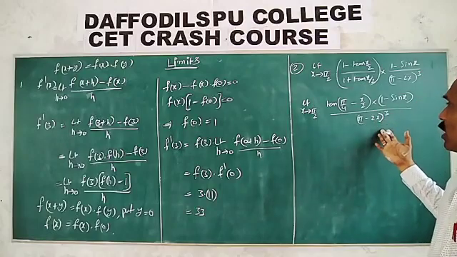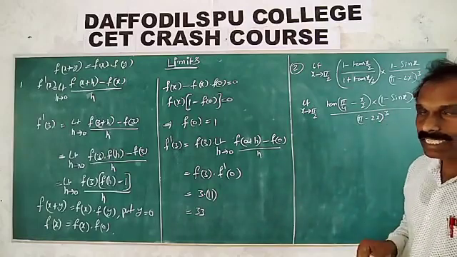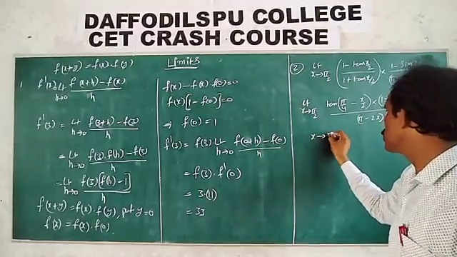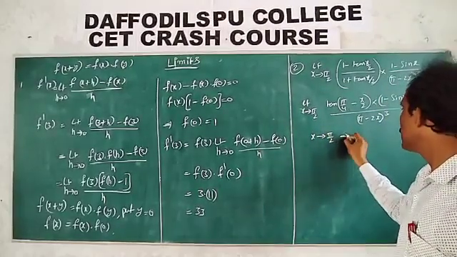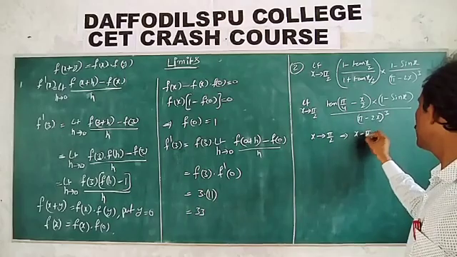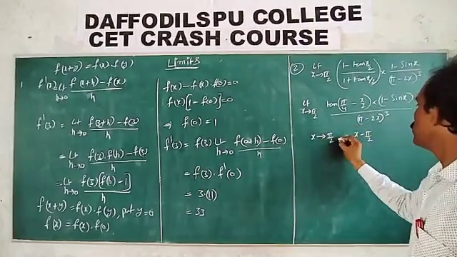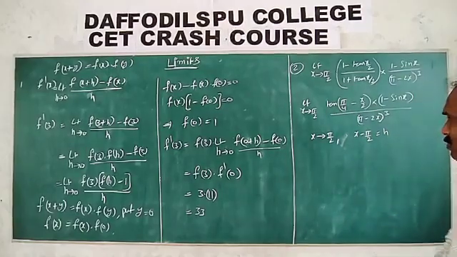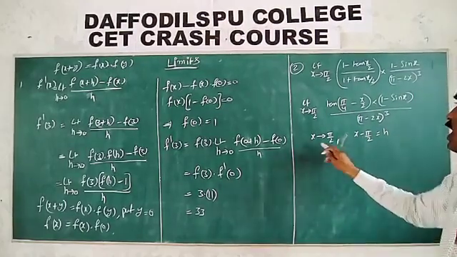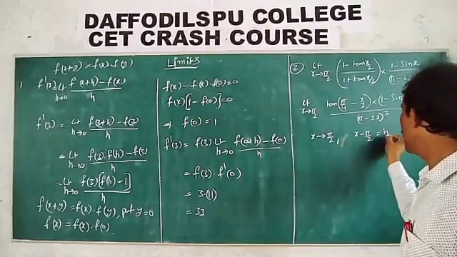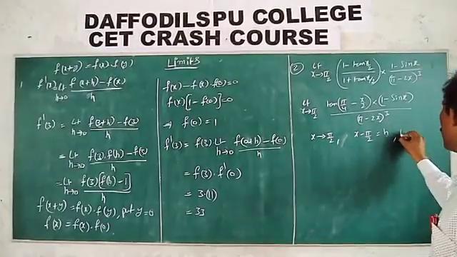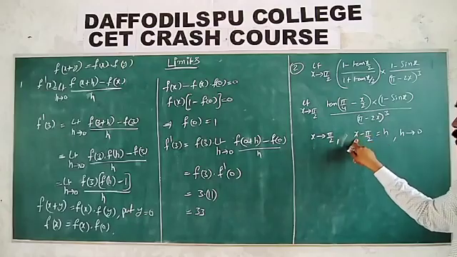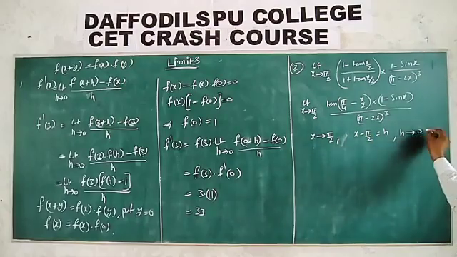To convert it, since x tends to pi by 2, this implies x minus pi by 2, let it be h. As x tends to pi by 2, h tends to 0. Suppose x is equal to pi by 2, then pi by 2 minus pi by 2, h tends to 0.